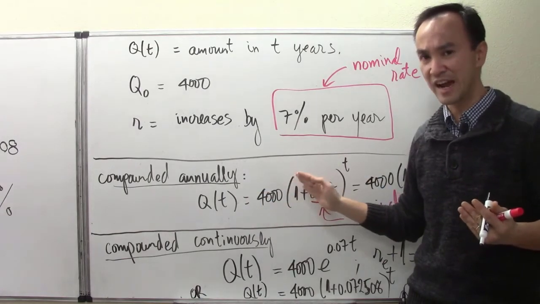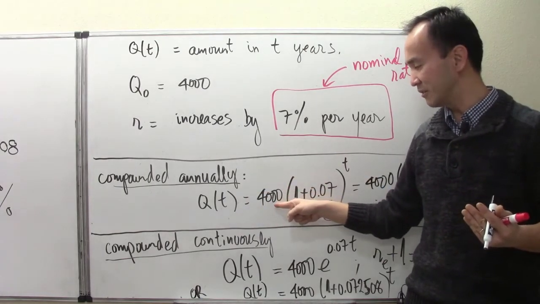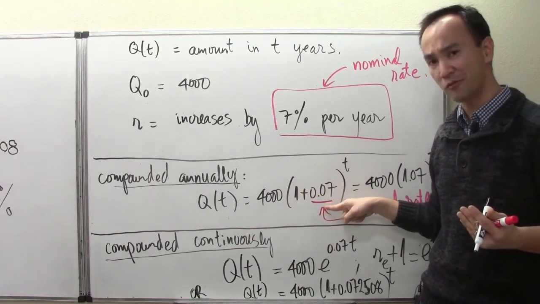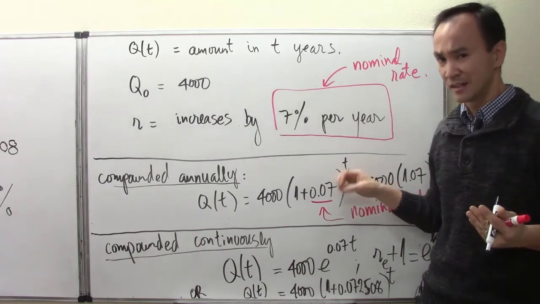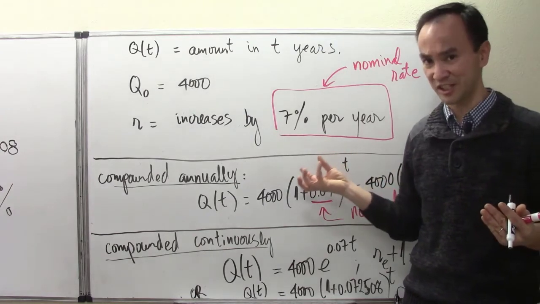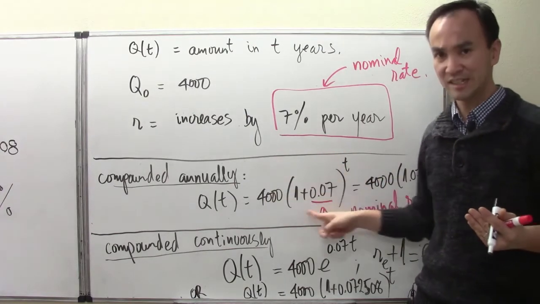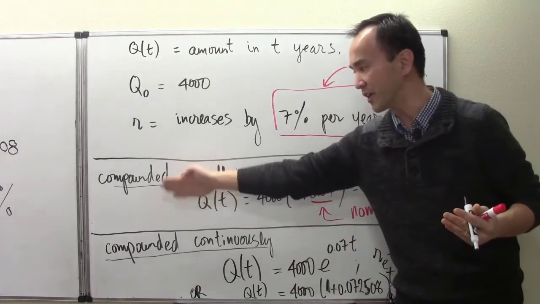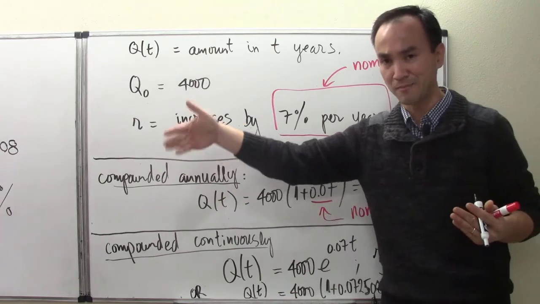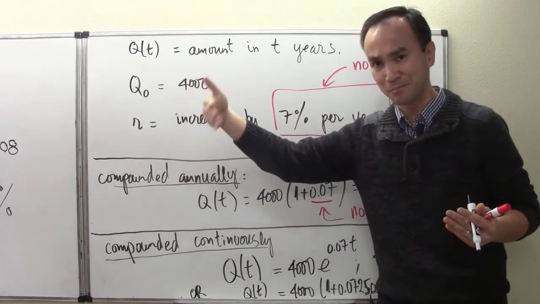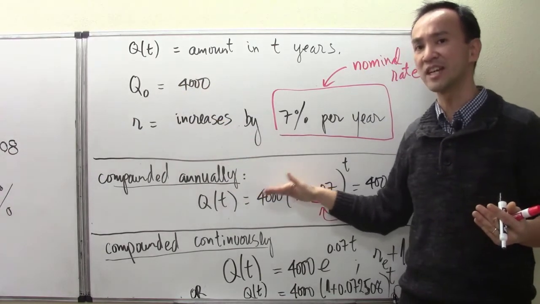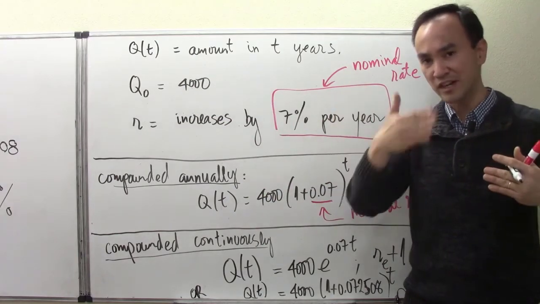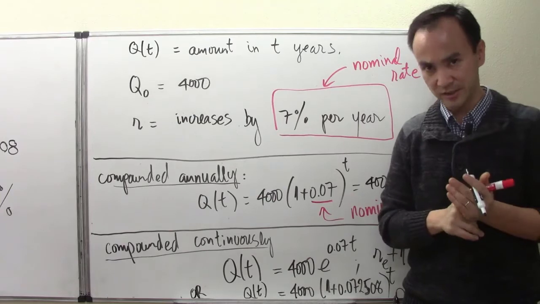We don't have the form where it's the initial amount times 1 plus the nominal rate. The nominal rate concept still exists, but we don't use it directly in our base. In other words, this form, compounded once per period of time, doesn't really exist in the world of natural growth or natural decay processes.